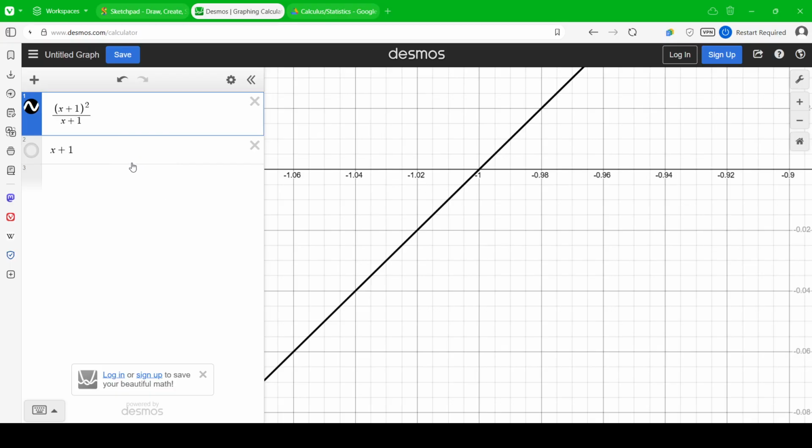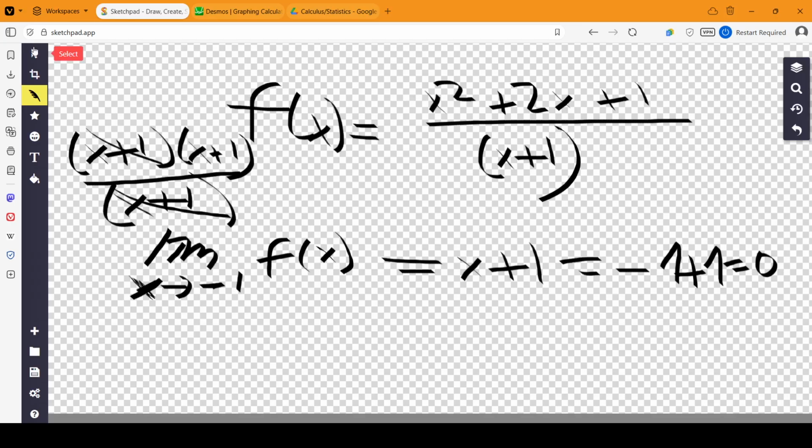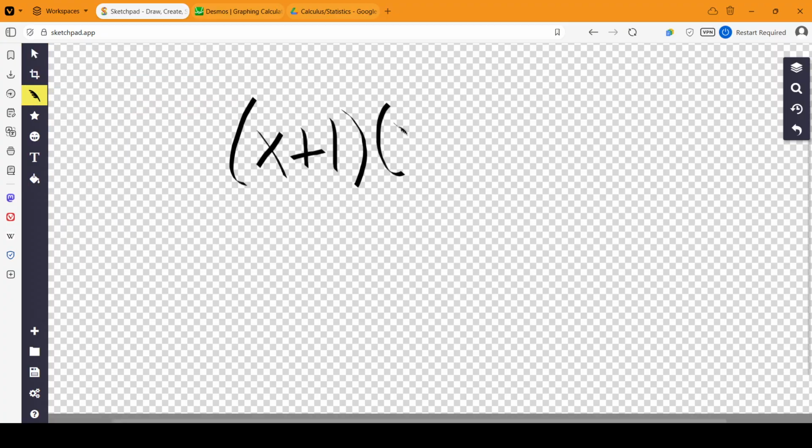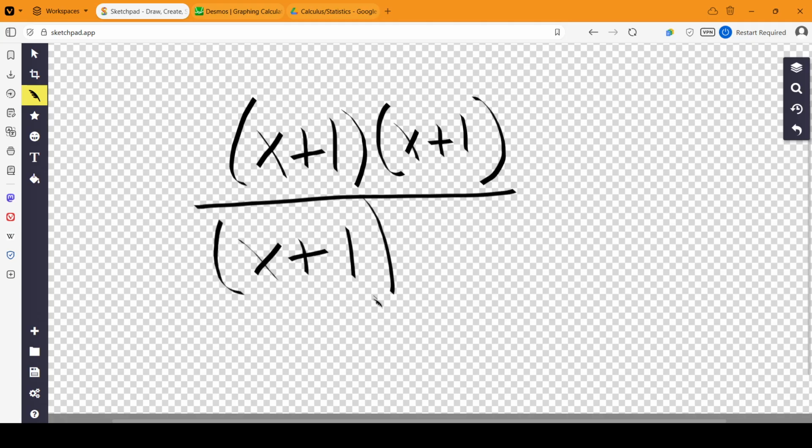But we see here, and let me just write this out in Sketchpad. We'll use any other number, like 0.2, and we see here that we'll always just get 1.2 squared over 1.2, and we can simply cancel that out.